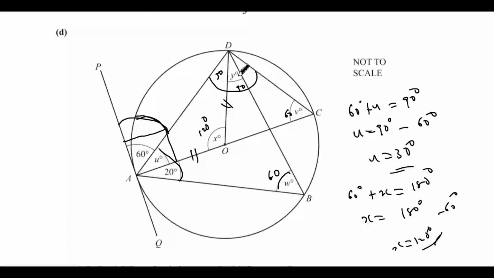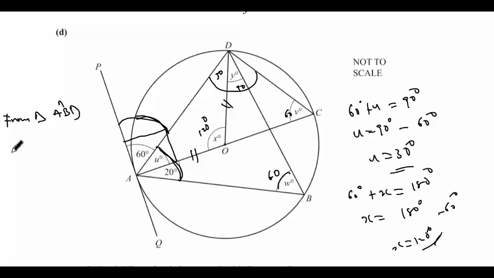So from triangle ABD, U plus 20, that is angle A here. From here to here is U plus 20, and U is 30.